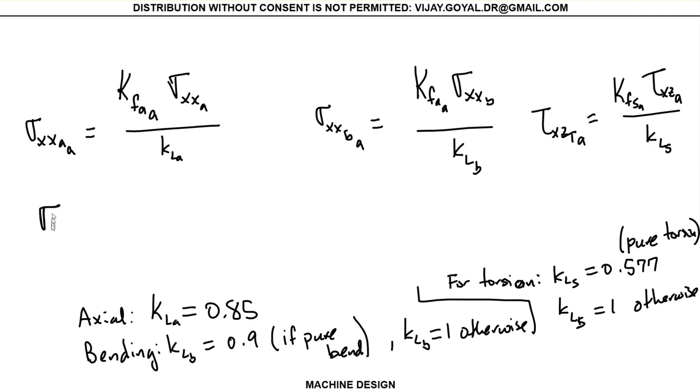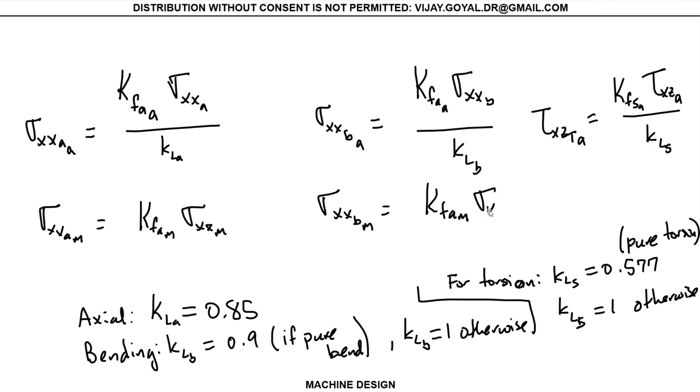Now, for the mean, then you don't have any factors at the bottom. You just have KFA mean sigma XX mean, and KFB mean sigma XXB mean.